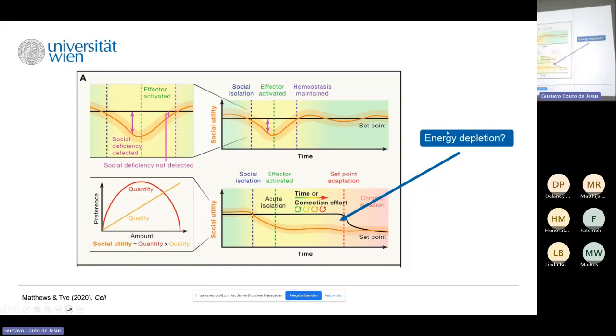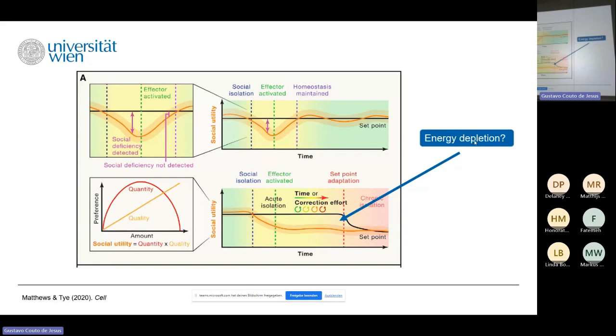This is what we saw before, and this phase maybe is marked by energy depletion. So basically you use up your energy to try to go back to the homeostatic state that is not accessible because you don't have the resources for it, and this energy depletion changes the set point, or is one of the elements, the marker of this change of the set point.